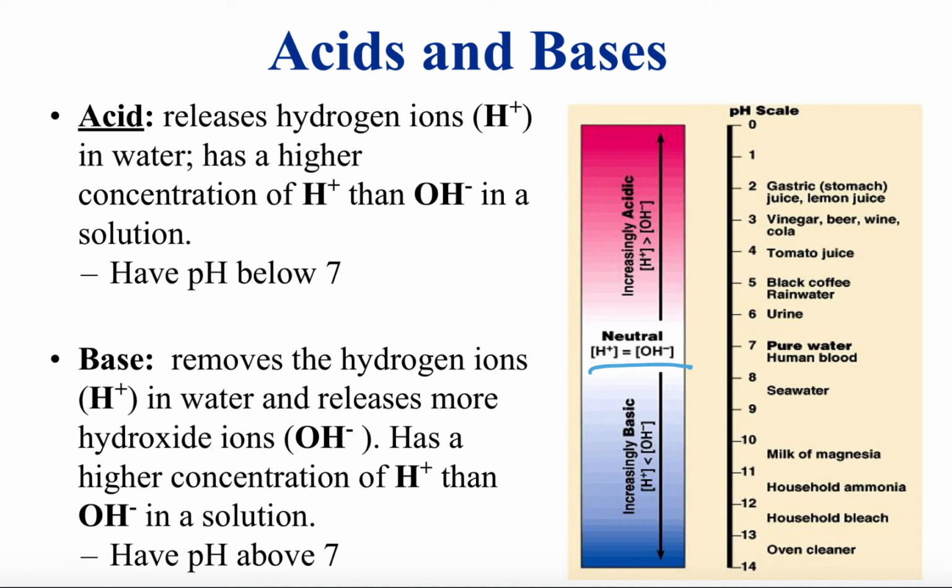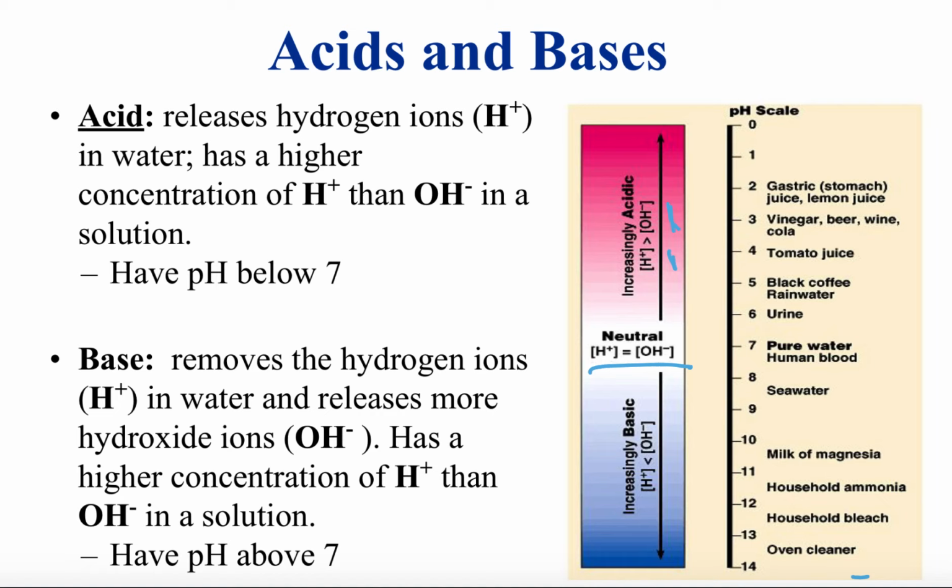Because if water splits, there should be an equal amount of hydroxide ions made as hydrogen ions, and that's what is considered neutral. And remember, neutral is plus charges balancing out negative charges. An acid has far more plus charges, meaning it has a much higher concentration of hydrogen ions compared to hydroxide ions.